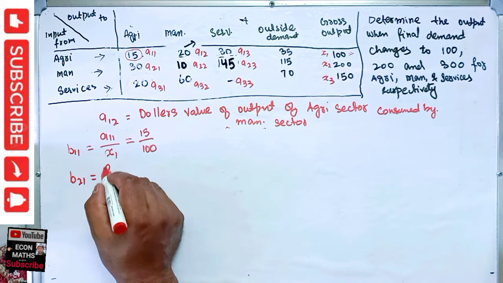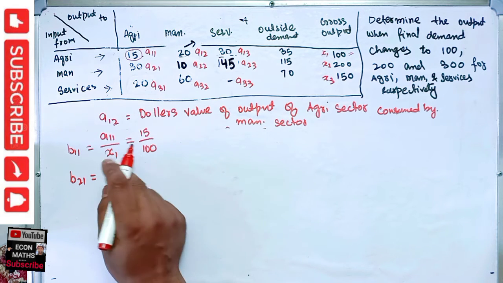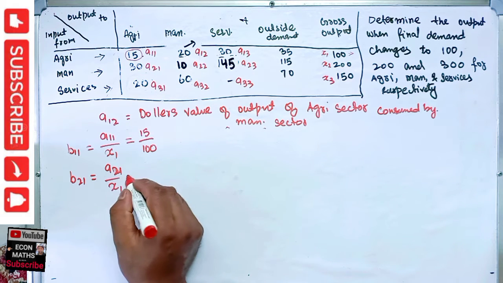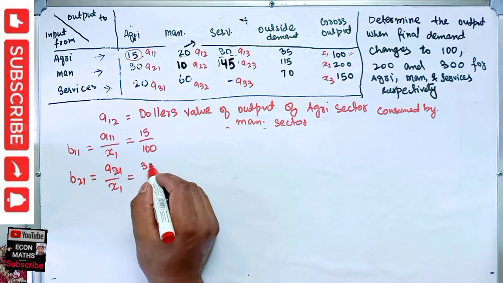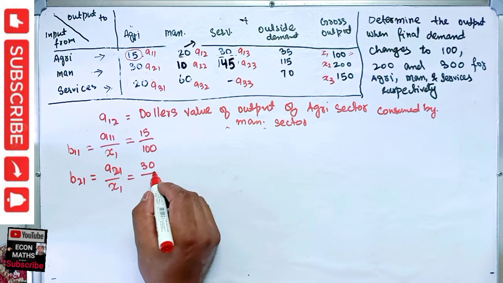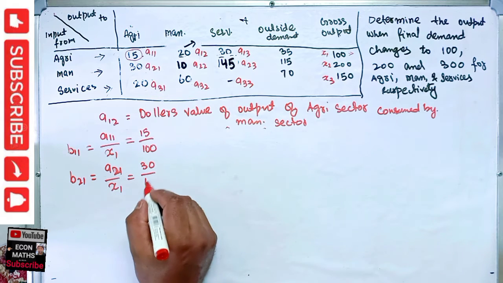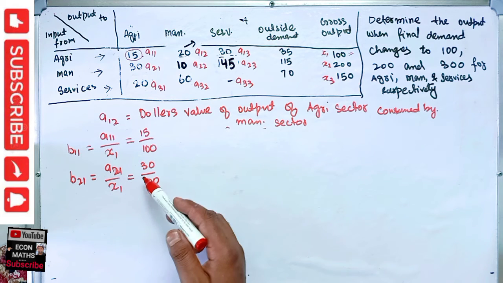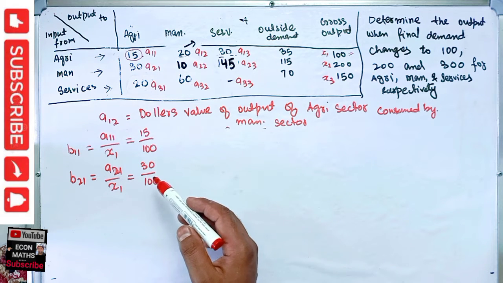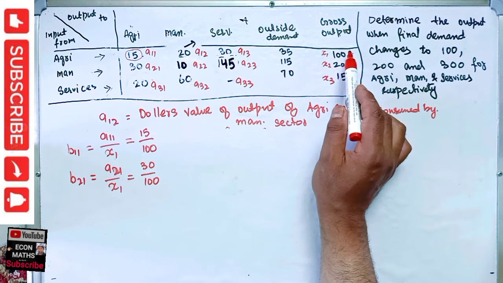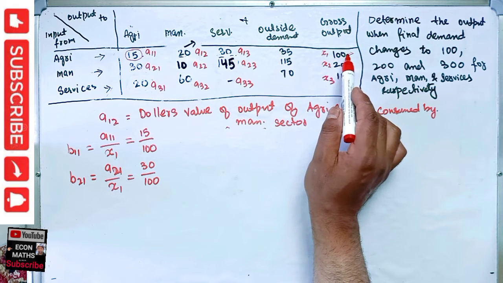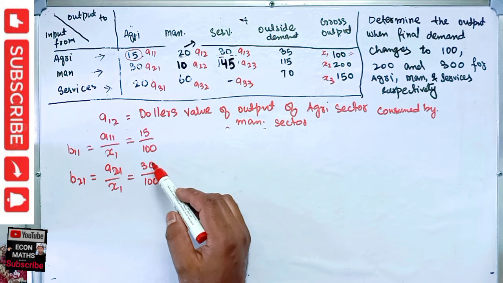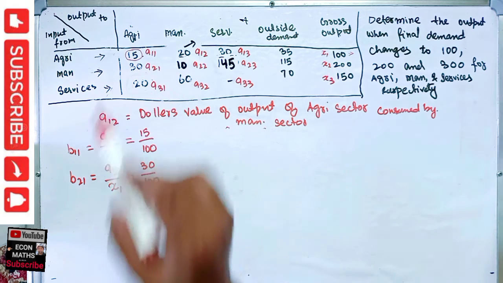B21 is equal to A21 divided by x1, which would be equal to 30 divided by 100. Let me show you what this means. This simply tells us that in producing 100 units of output of the agriculture sector, 30 units are being used from the manufacturing sector.